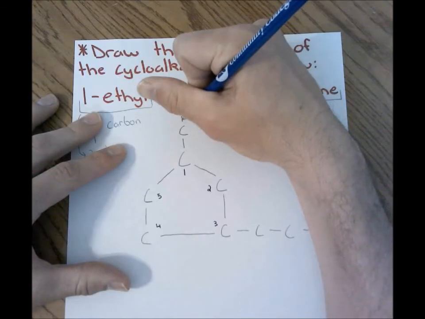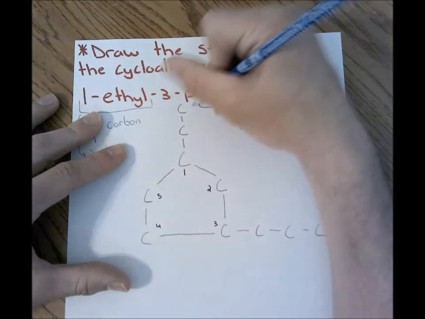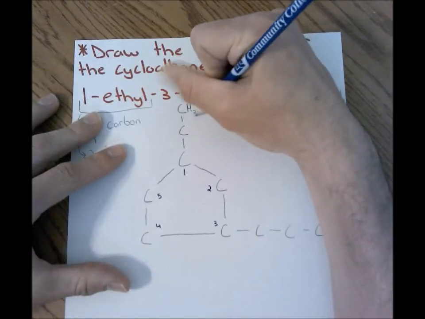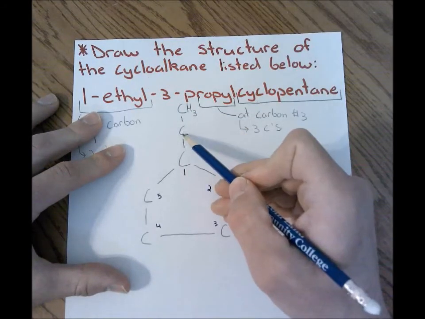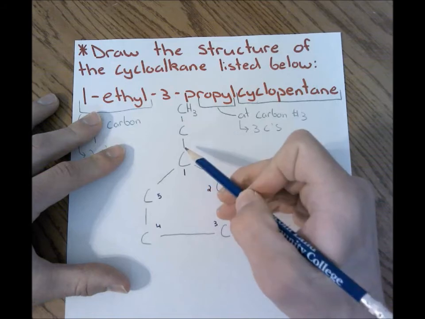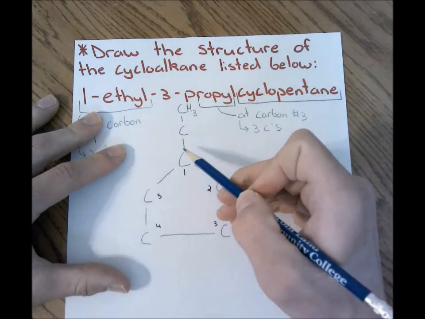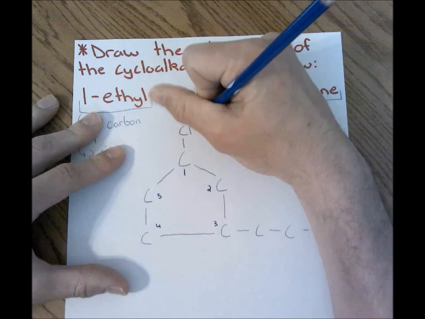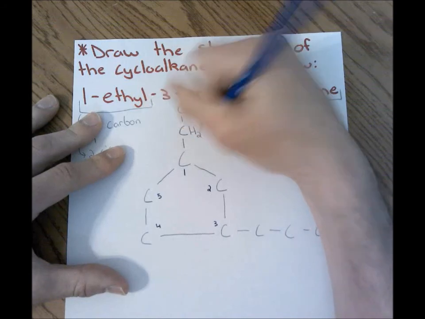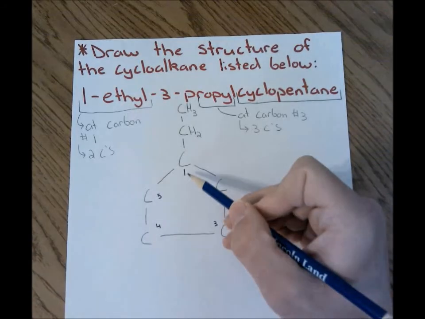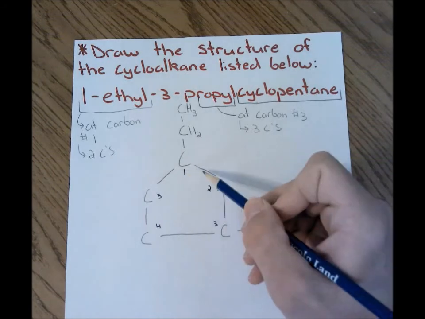It needs 2 more to get to 4, so I add H2. This carbon, carbon number 1, has 1, 2, 3 attachments, so it needs 1 more to get to 4, and so I add 1 H to get it to 4.